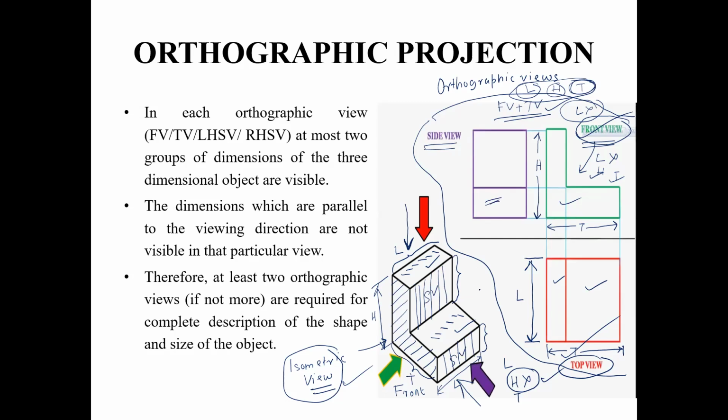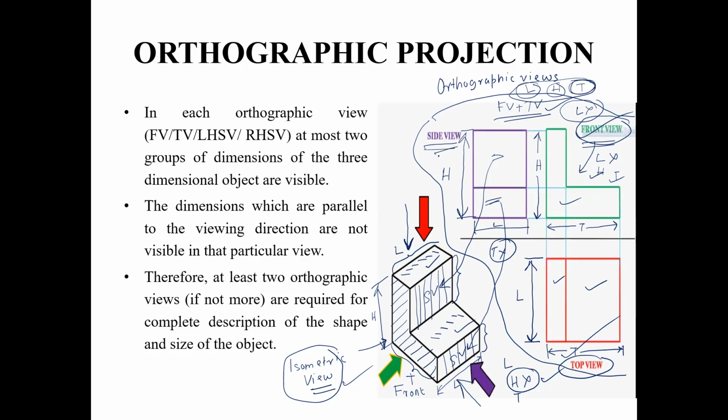This portion of the side view represents the side view of this surface, and this portion represents the side view of this surface. So from the side view, out of length, height, and thickness, you are getting the height. This is the height. And you are getting the length. In the side view, the thickness is missing.